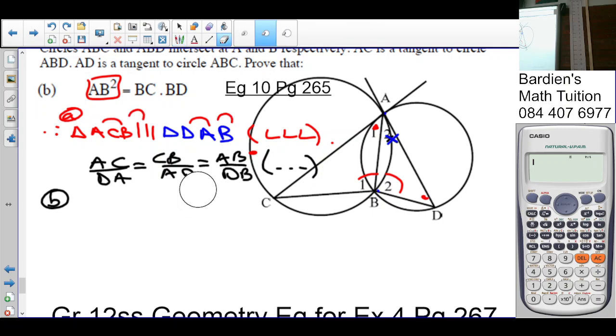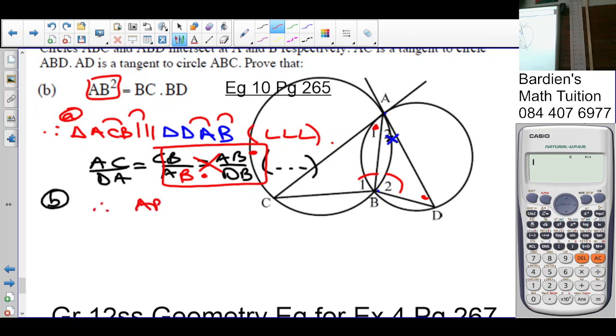This is the AB. It looks like an O, and it's a B. There's your AB. And then you got BC and BD. So what do you notice here? That is cross multiplied. So therefore, AB squared is equal to CB times BD. Okay, you guys understand?